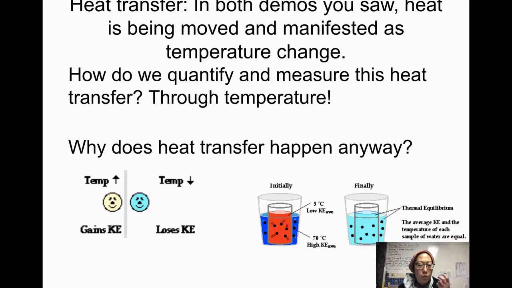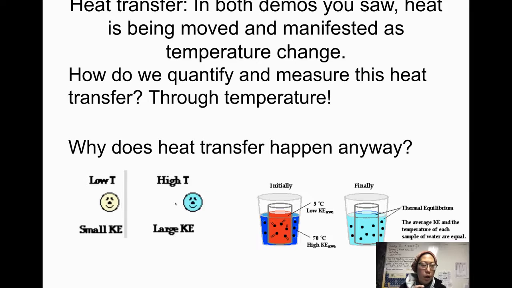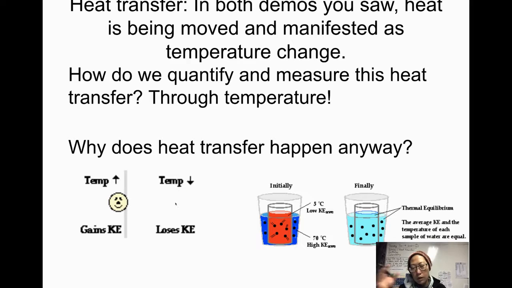So if a particle with higher kinetic energy, a higher average temperature, collides with a particle with lower kinetic energy, some of that energy gets transferred, okay? And these molecules keep on colliding and transferring energy until that energy spreads out across the whole combined system, okay?